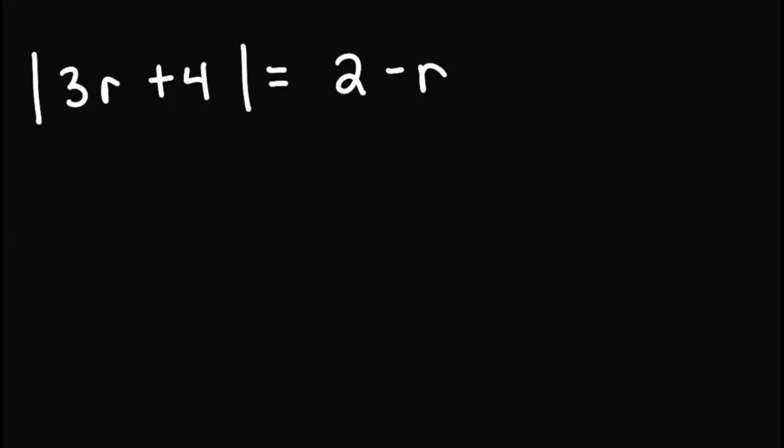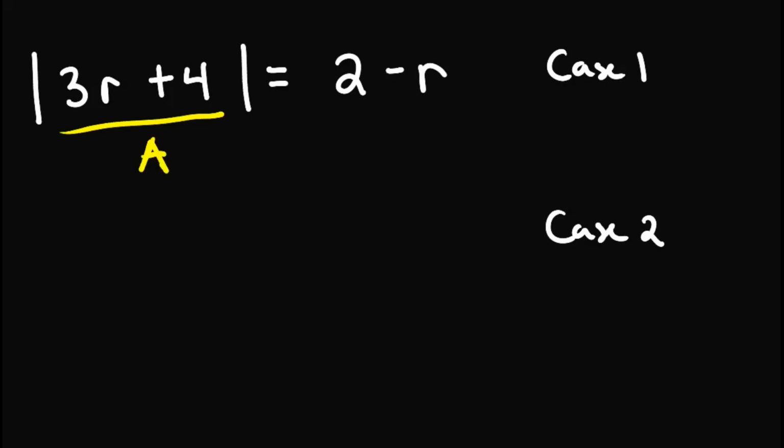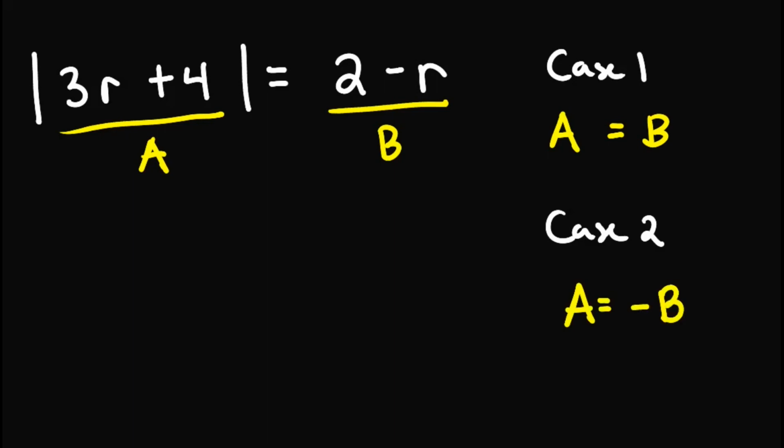By that I mean, we have two cases, wherein for the first case, we assume that this one out here, say this one is A, is equal to this one, B. And in case 2, we have A is equal to negative B. This idea is similar to the one that we had in the last case of the previous video.